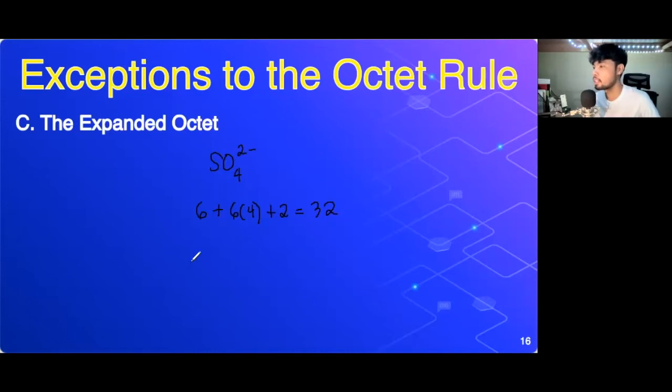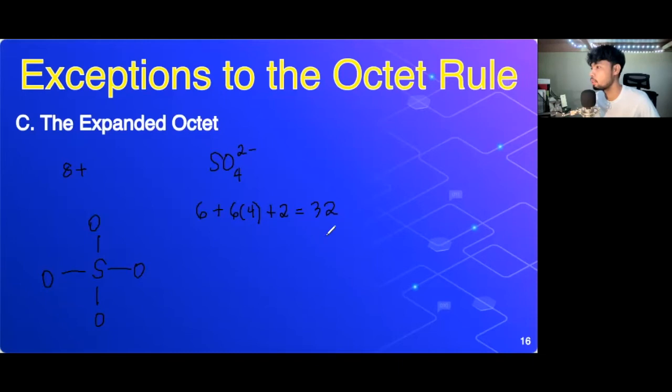Let us now draw the skeletal structure for the sulfate ion, in which sulfur is the central atom, surrounded by 4 oxygen atoms. Now, we have 4 bond pairs for a total of 8 electrons. We still have to add how many electrons to the sulfate ion?